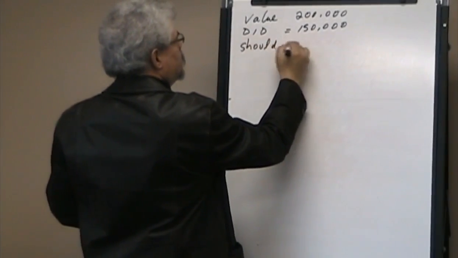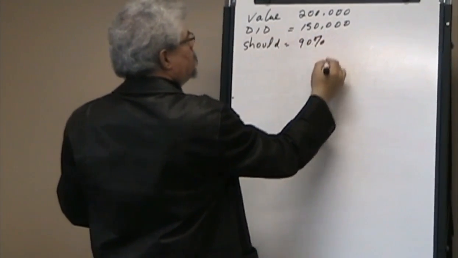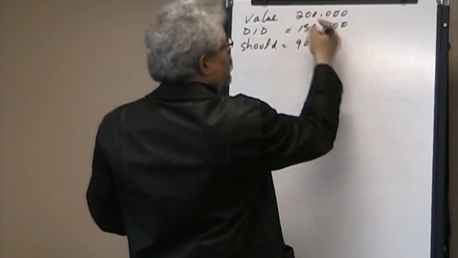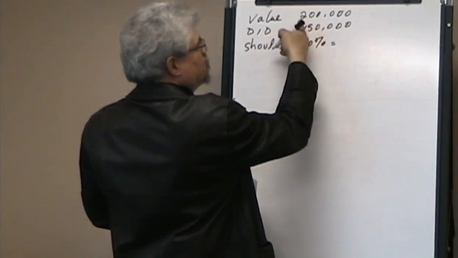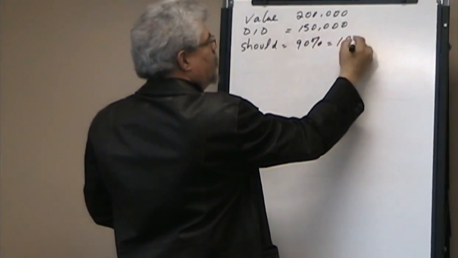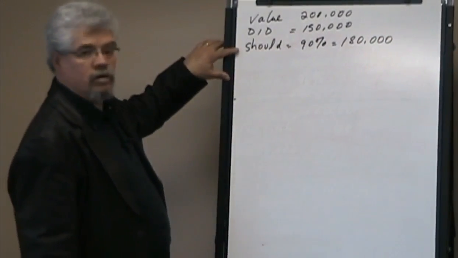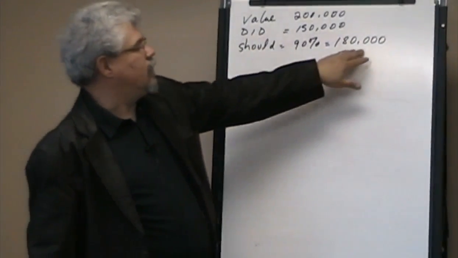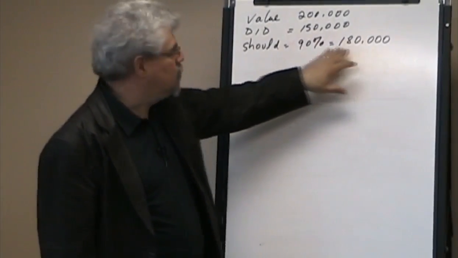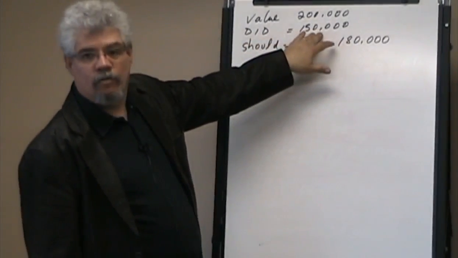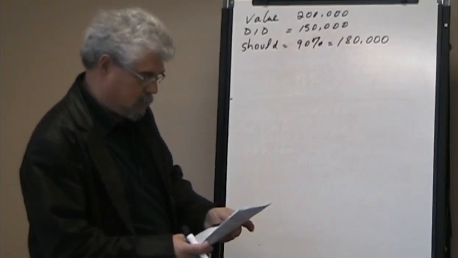So in this case, the insurer says I'm supposed to buy 90%. So again, 90% of 200, because it's based on the value, is $180,000. So the insurer says I should buy $180,000 worth of insurance. I only bought $150,000. So I'm in a co-insurance situation.